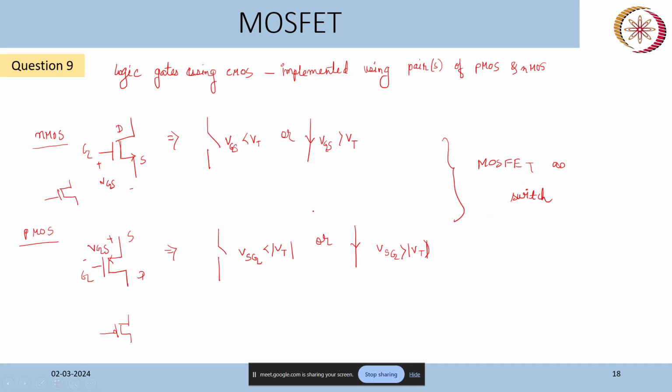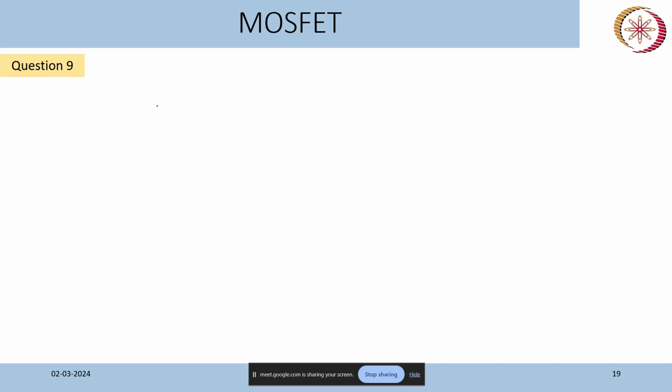Now how can we implement the logic gates? The first logic gate, the very basic one, is the inverter. Okay, so let's go through that. CMOS inverter. This is the PMOS here.